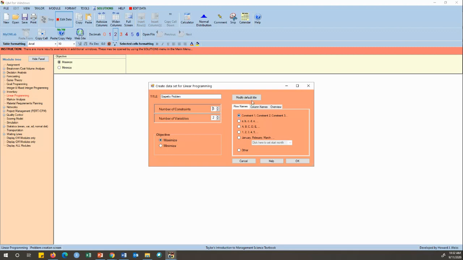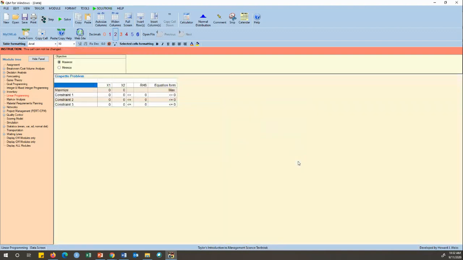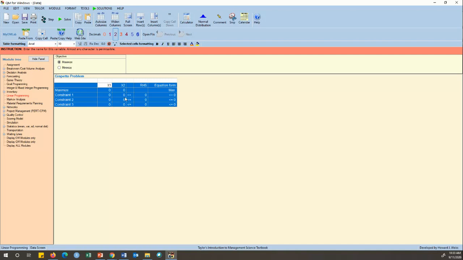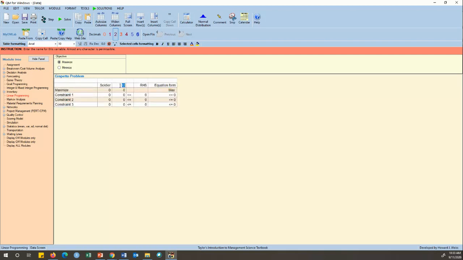For the modify default title, you can change it later on. Just put constraint 1, constraint 2 and constraint 3. Then you get this template automatically for you to use. You can change your x1, just put it as soldier, and your x2 as train wood.